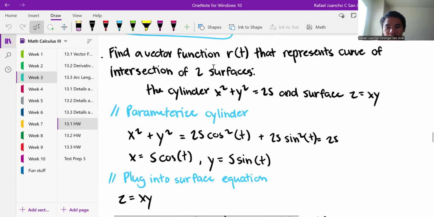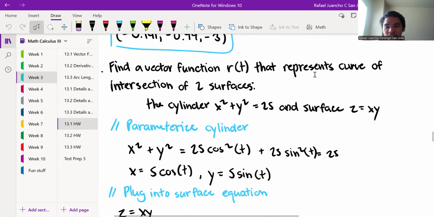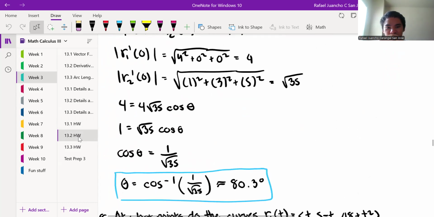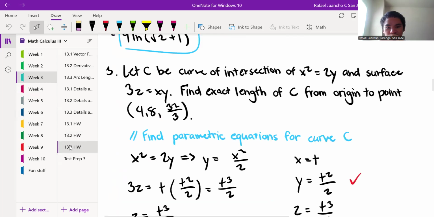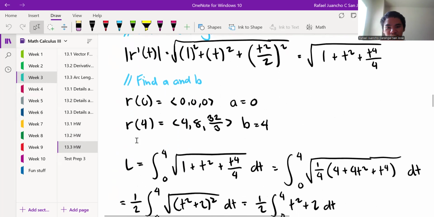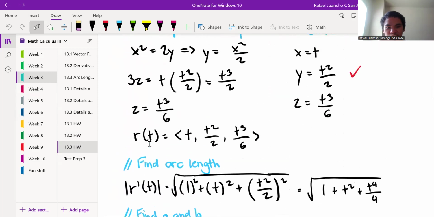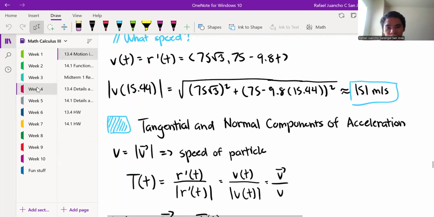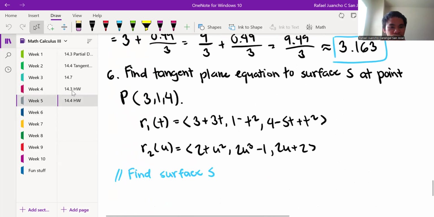Find a vector function that represents the curve of intersection of two surfaces. That's another thing. Find the arc length. Okay.